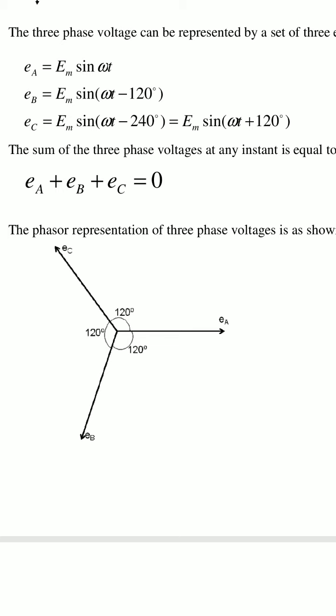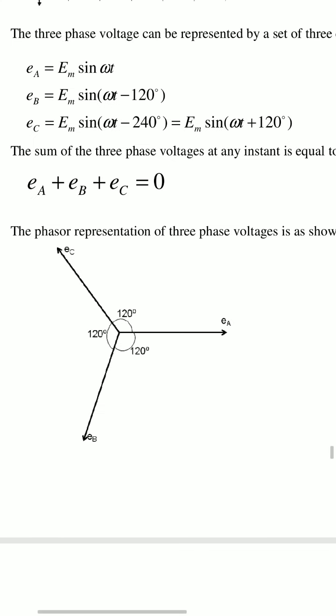EA is equal to EM sin omega t. This is the A phase instantaneous equation, and EB is equal to EM sin (omega t minus 120 degrees). That is the B phase equation.